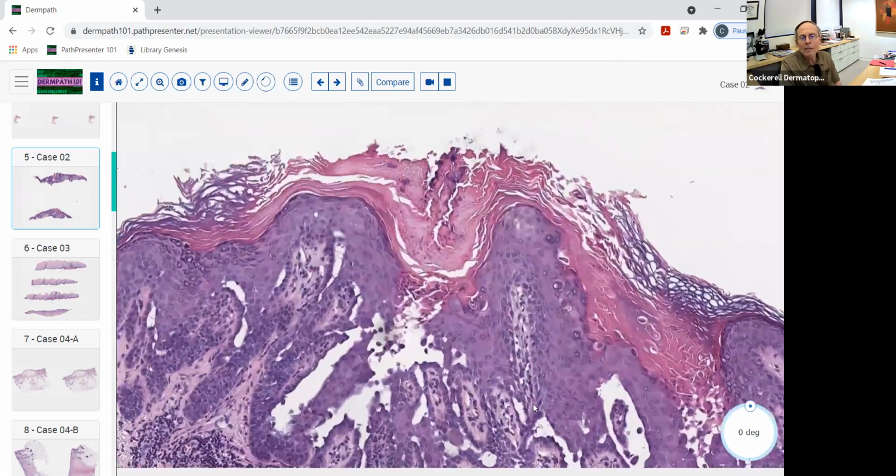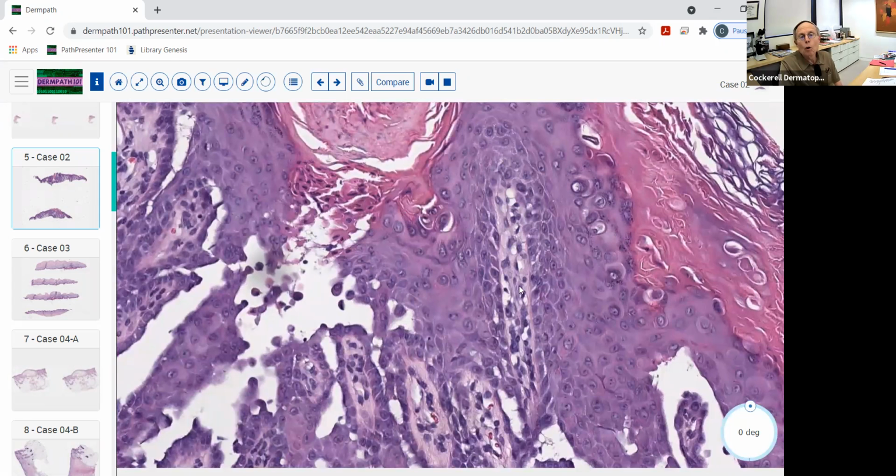So this is focal acantholytic dyskeratosis, corps ronds and grains, okay? Corps ronds, round bodies. Those are acantholytic dyskeratotic cells usually seen in the granular cell layer or in the suprabasilar areas. And then grains are acantholytic, dyskeratotic, parakeratotic nuclei like you see up here.